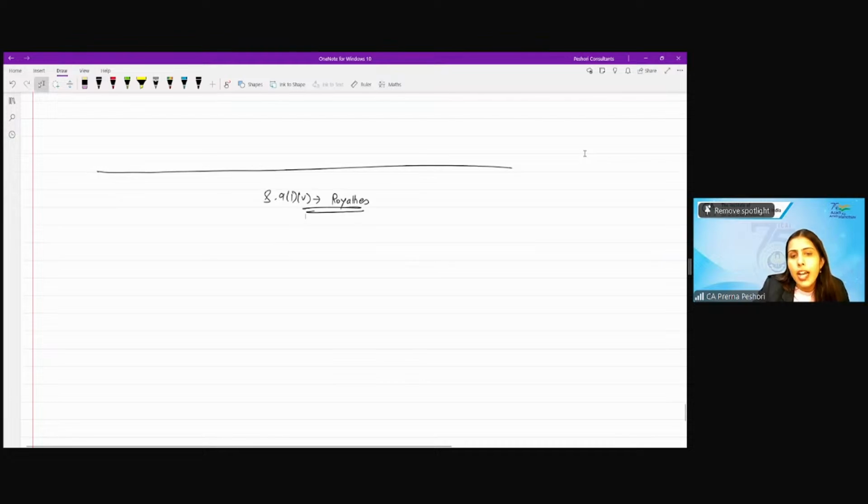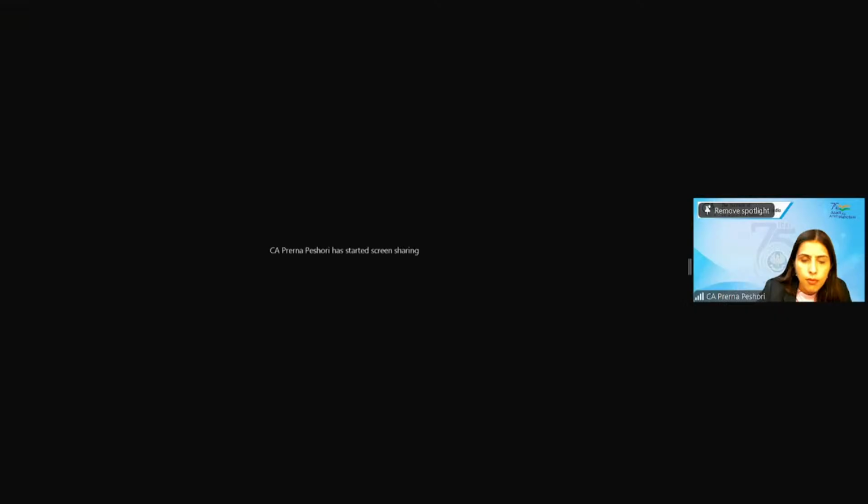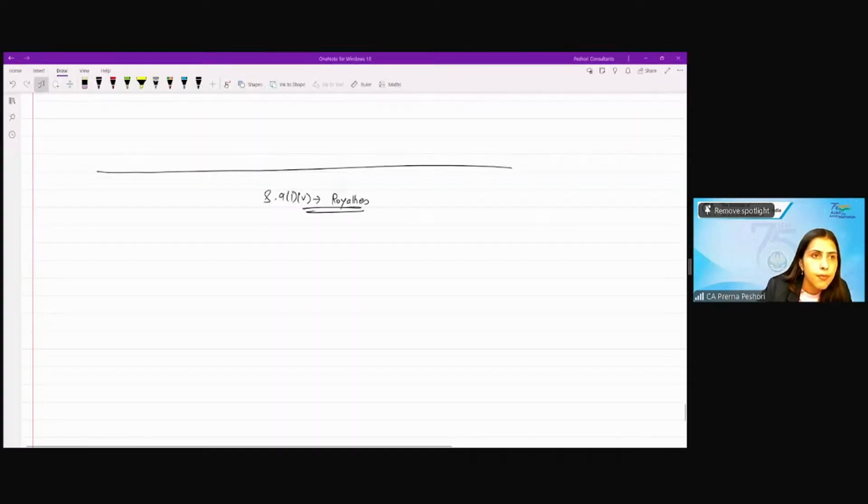So section 9(1)(v) we will first consider, and then we'll move to 9(1)(vi). However, we will do the accrual principle for all of these together, and then we'll individually talk about it.